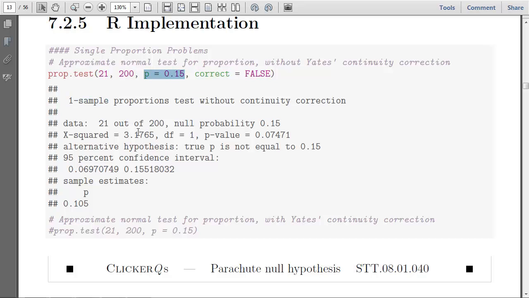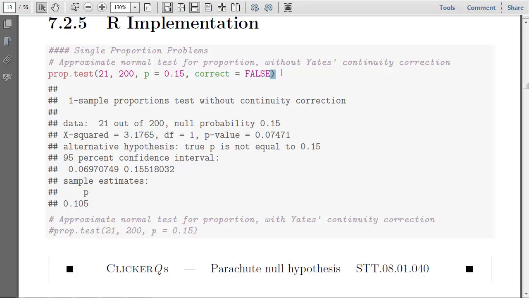And then some statistics. There's a chi-square test statistic being used here. By the way, if you take the square root of this, you get the absolute value of the z statistic. It's a 1 degree of freedom test. Here's our p-value of 0.074. That was the 0.075 that we saw earlier. The alternative hypothesis is not equal. That's the default here.